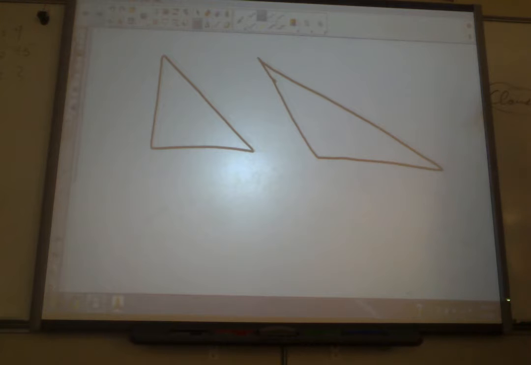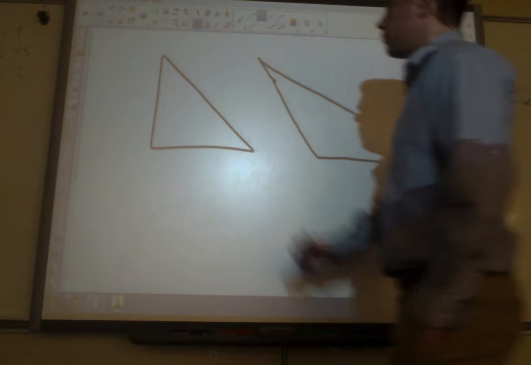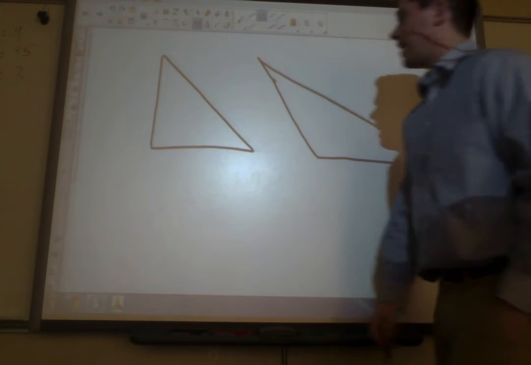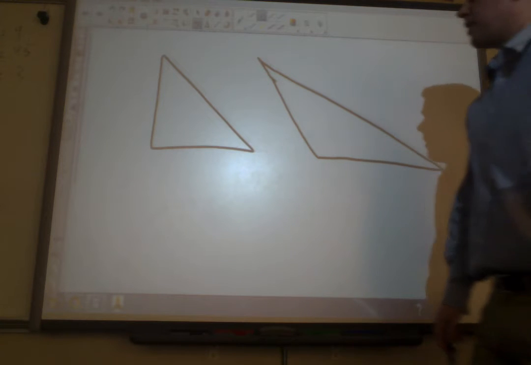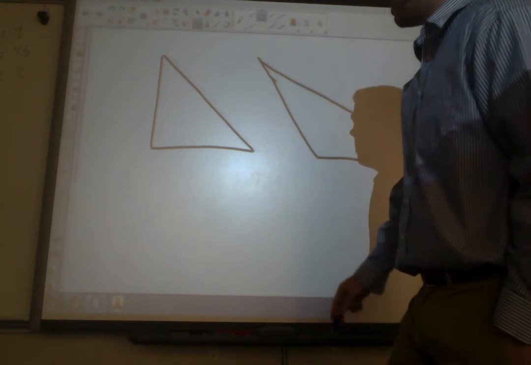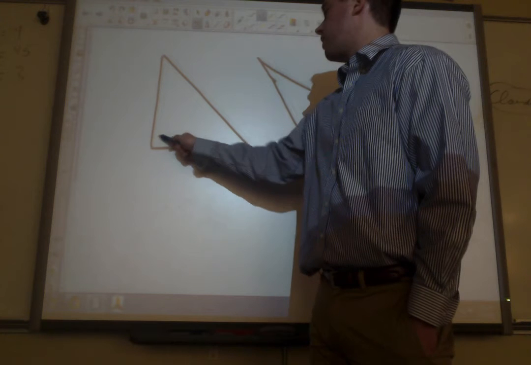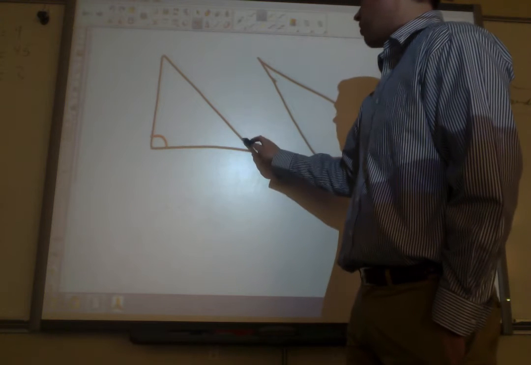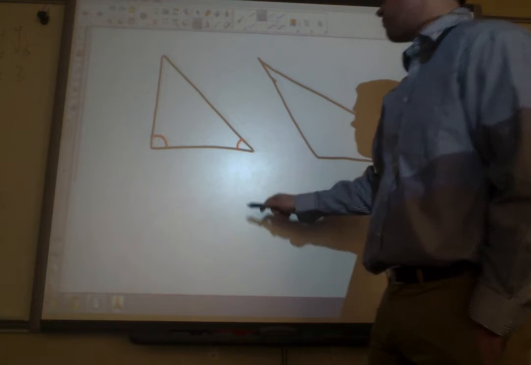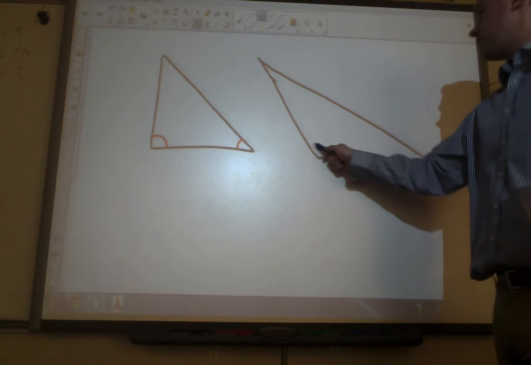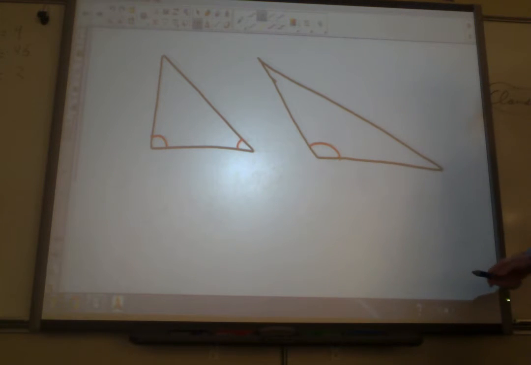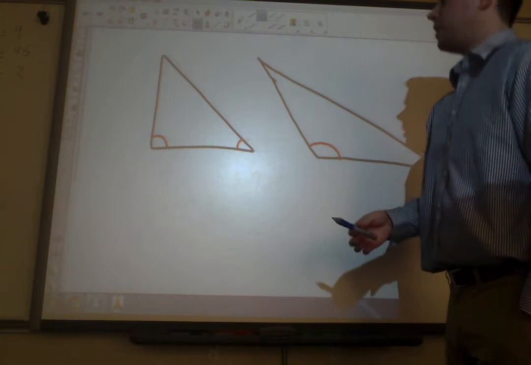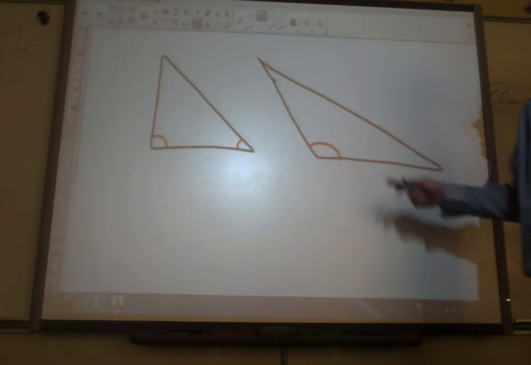For example, these two triangles are all made up of sides and angles, and the sides are different sizes, and the angles are different sizes as well. For example, we have this angle, which is much bigger than this angle. And then we have this angle here, which is the biggest of any of the angles up here on the board. So we just need to be aware of sides and angles.